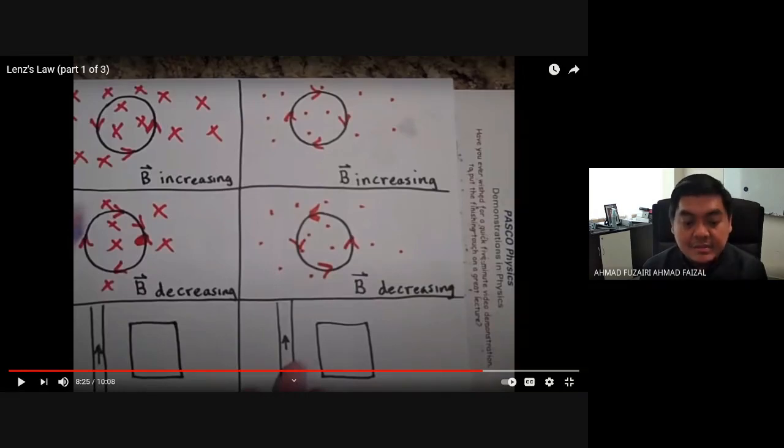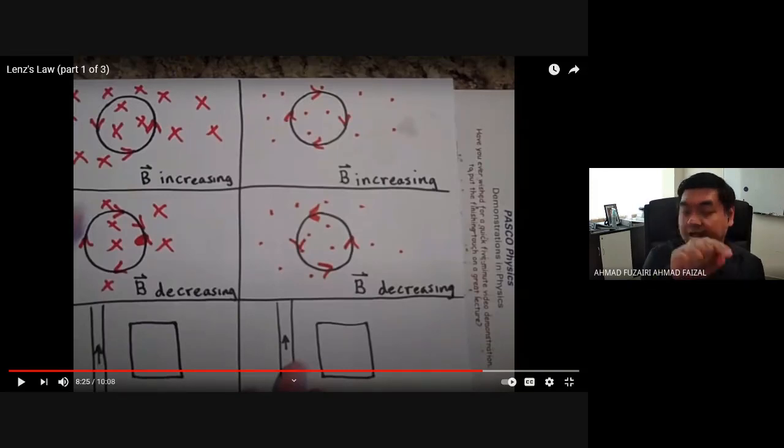Remember, Lenz law or Faraday's law of induction will tell you that the induced current is created by opposing the change in the magnetic flux in the circular loop. So the story is about the circle of loop. In figure A, if you can see it right now, you have three X's.